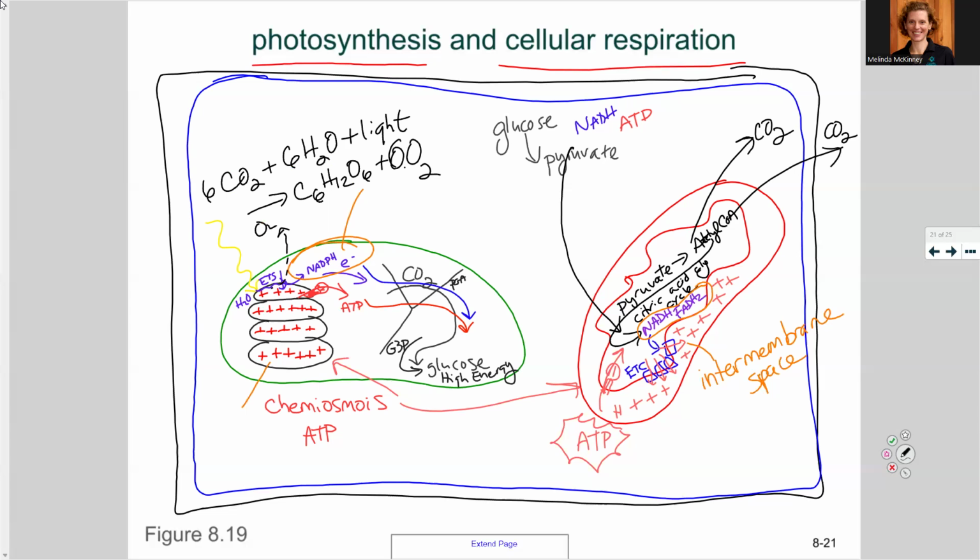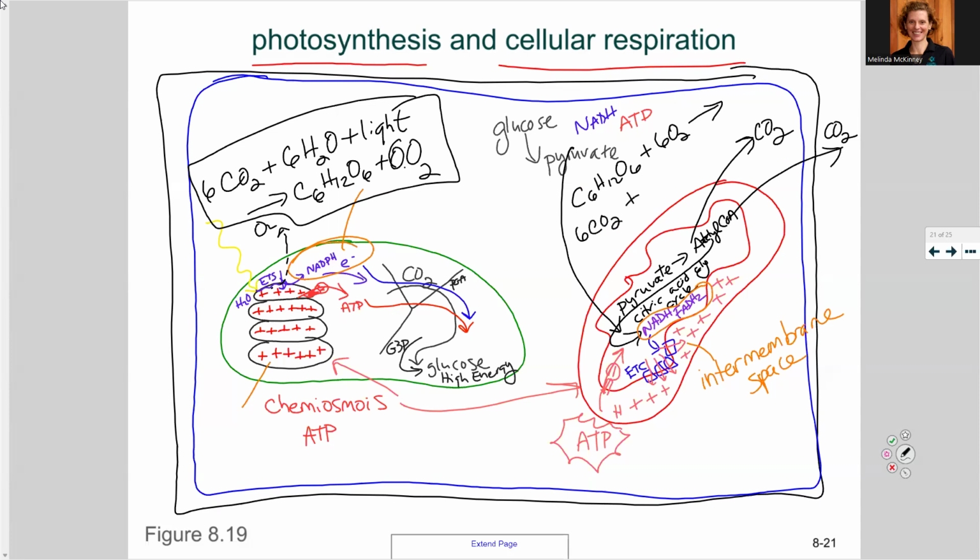Okay. The opposite reaction of this is cellular respiration. So cellular respiration over here, I would start with glucose, C6H12O6. I'm adding 6 molecules of oxygen. Then cellular respiration results in creating 6 molecules of carbon dioxide and 6 molecules of water.